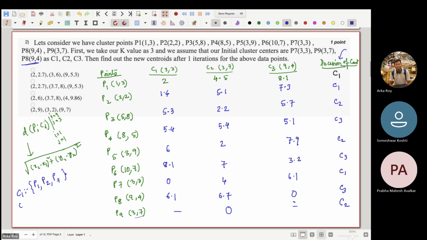That's it. For C2, it is P3, then we have P4, P5, P6, P7. Let me just see. I think I'm making some mistake.